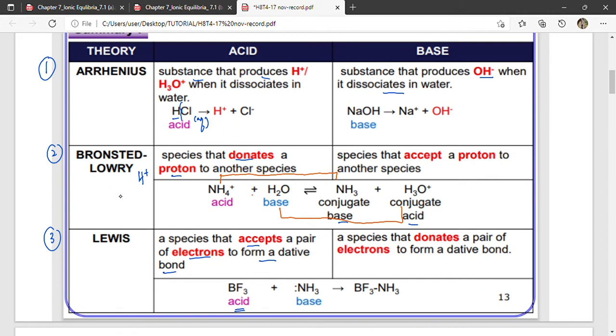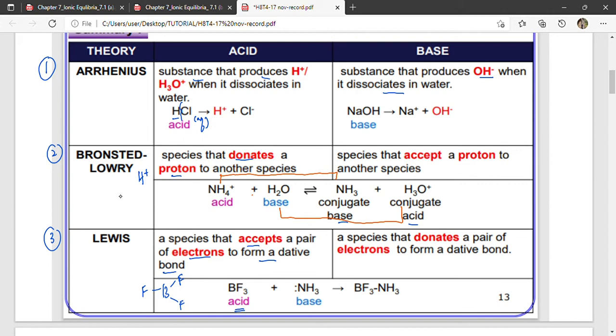For the example, we have BF3. BF3 here is the species which has only 6 electrons around the central atom of boron, meaning less than 8 electrons, a lack of electrons. Therefore, it has the tendency to form a dative bond with another species such as NH3.